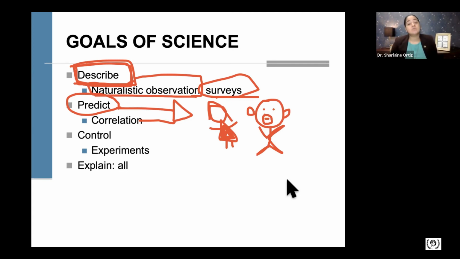Now, this is where we have to draw a very clear distinction. If you take nothing else from this presentation, I need you to understand that a correlation does not imply causation. I'll say that again. A correlation does not imply causation. And why do I say that?